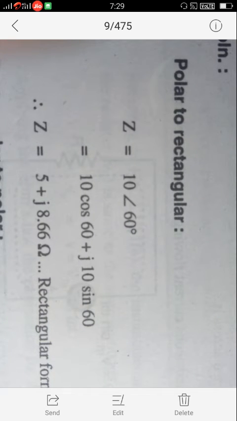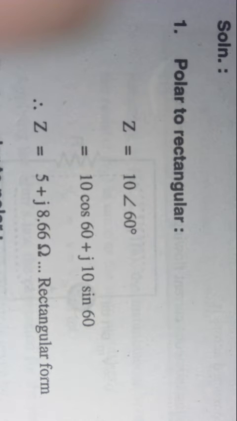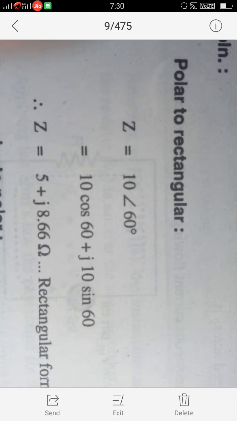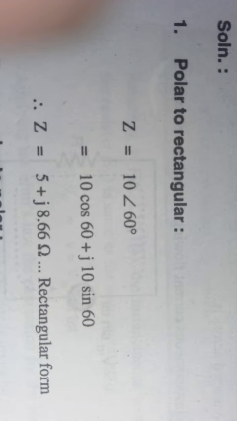Now consider one more example. In this we have to convert a polar form to rectangular form. The value of Z is given as Z is equal to 10 at an angle 60 degree. This we have to convert into a rectangular form.